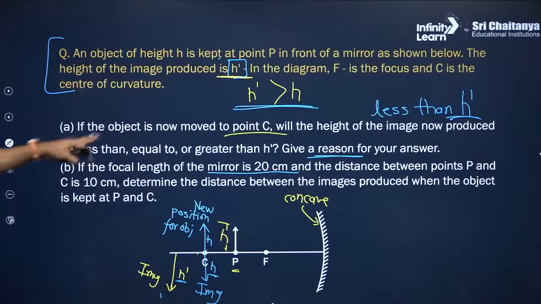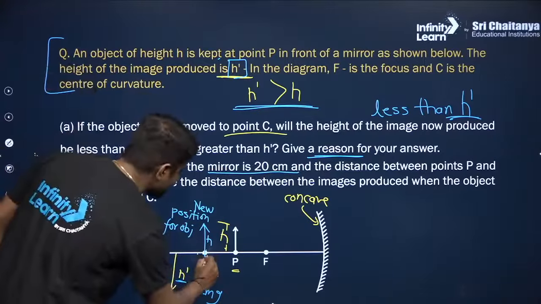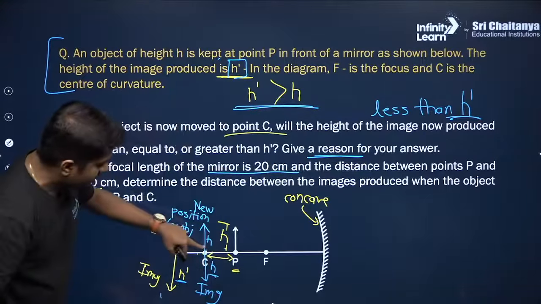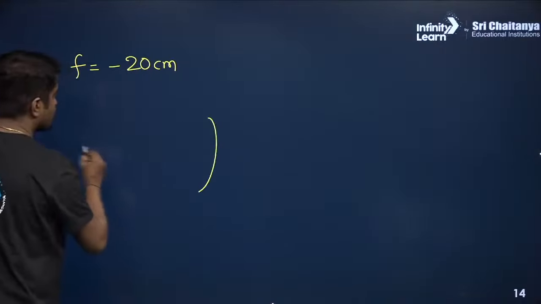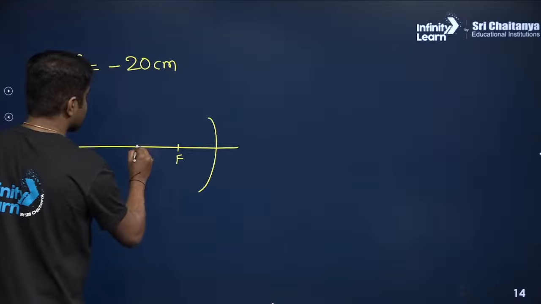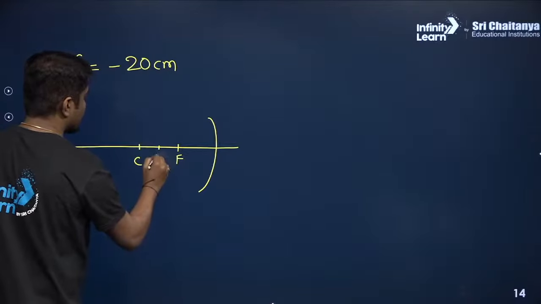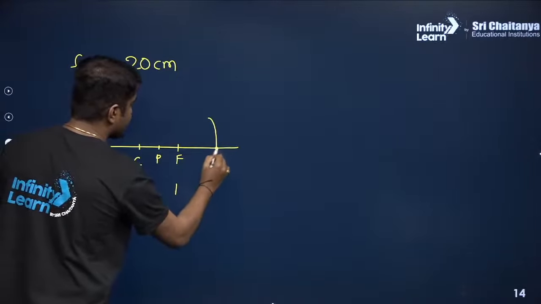And the distance between point P and C is 10. So this distance is 10. Okay, I'll draw this diagram here. There is a concave mirror. There is our focus, there is the center of curvature C, and this was point P. Correct? The focal length, there is, let's say, the pole.